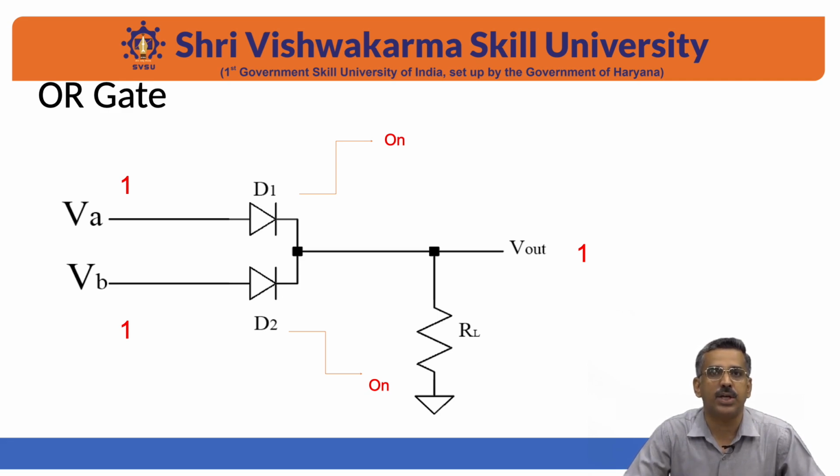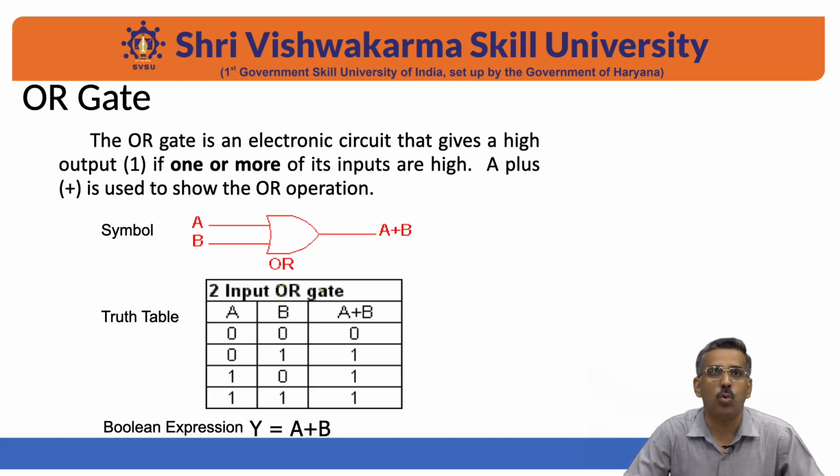The output across the resistor RL, V output, will be equal to 1. So in this circuitry, we have seen the four conditions according to the two inputs, because the conditions depend on the number of inputs supplied to the circuit.